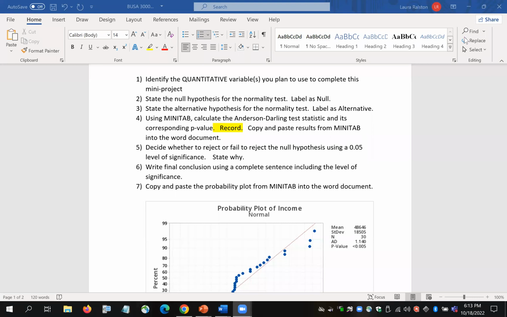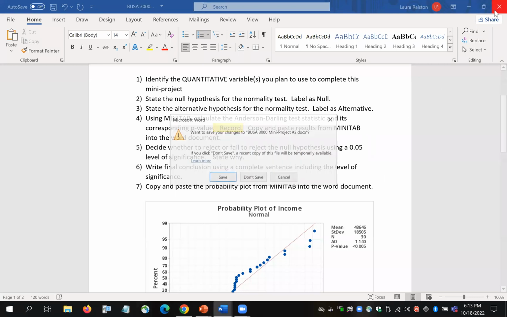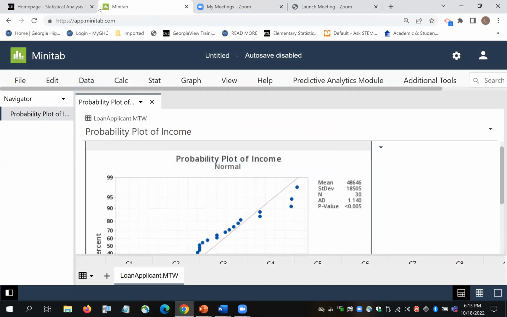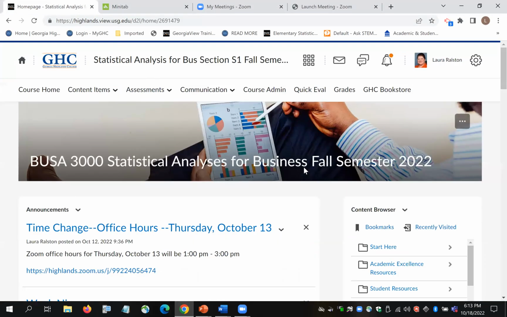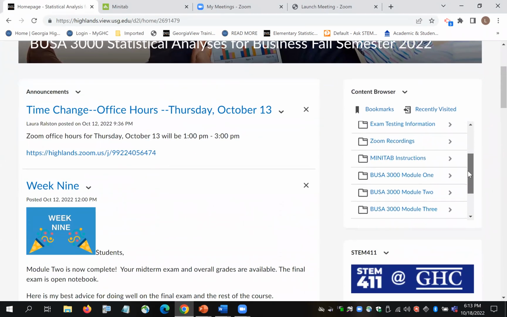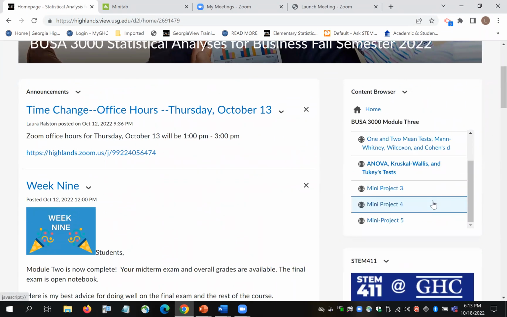Okay, so tonight we're going to look at 2 mean t-tests. Now, in the course for Business 3000, we are still in Module 3.